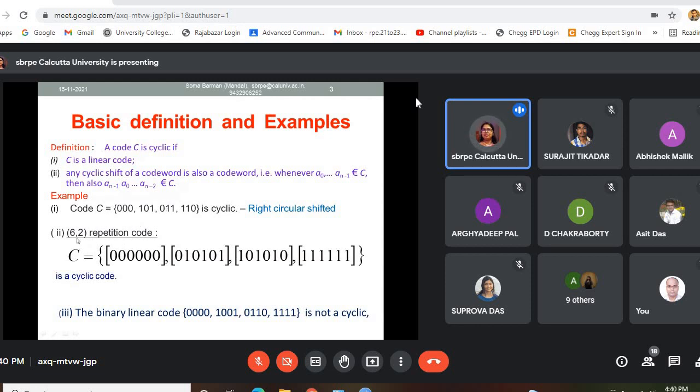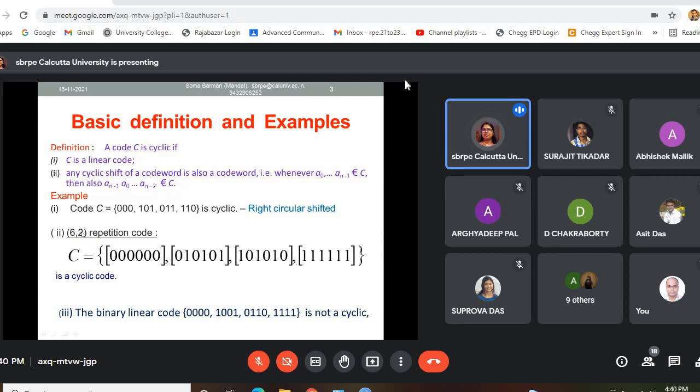So suppose a 6-2 repetition code. So what is a 6-2 repetition code? In the 6-2 repetition code, 2 digits will be repeated and the length of the code will be 6, (n, k). So the length of the code is n, 2 is your information.